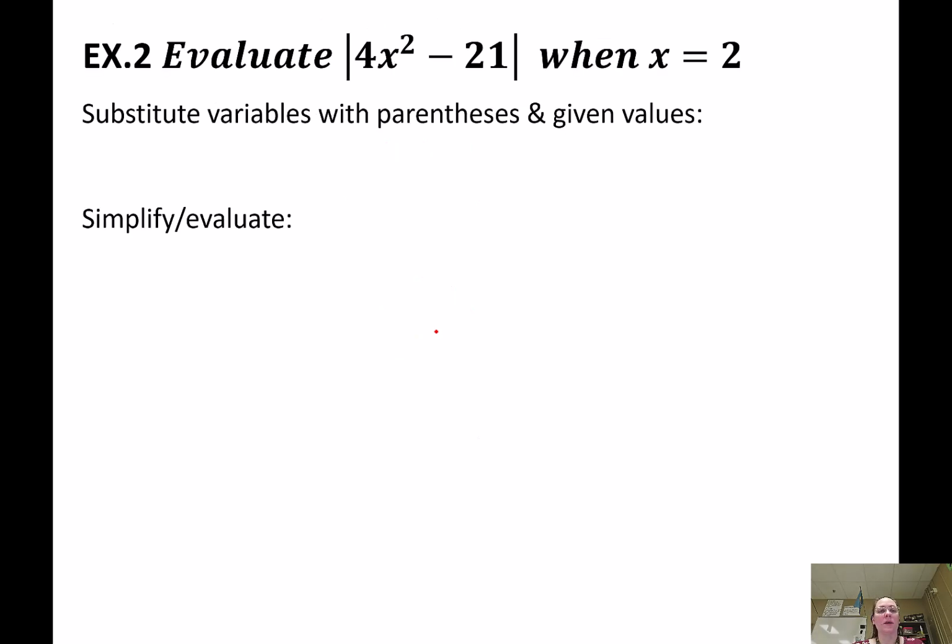Okay, let's look at another one. We're going to evaluate the absolute value of 4x squared minus 21 when x is equal to 2. Okay, so plugging in, I've got 4 times 2 squared minus 21.